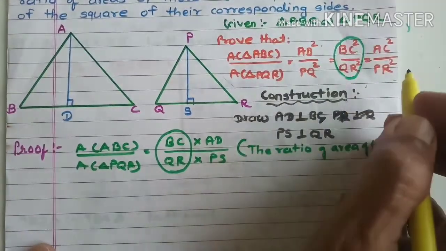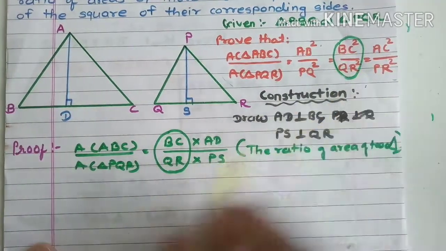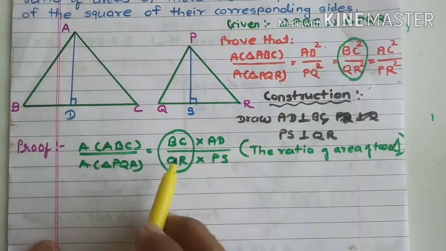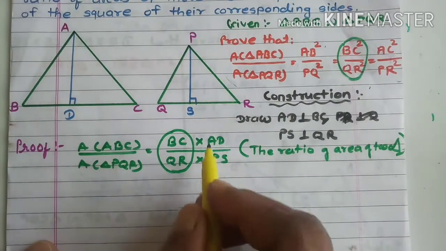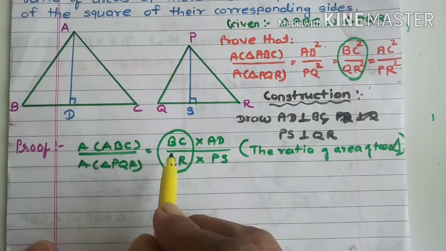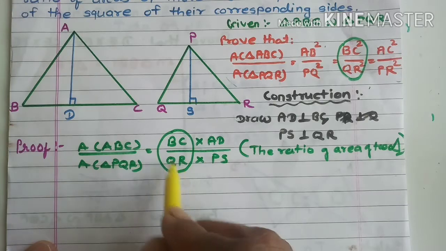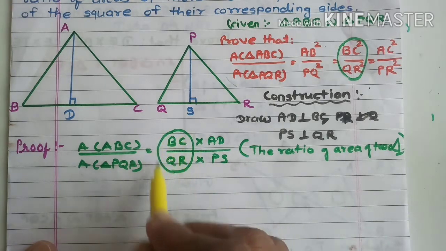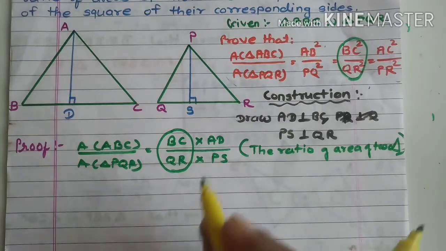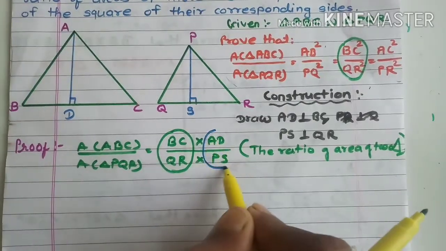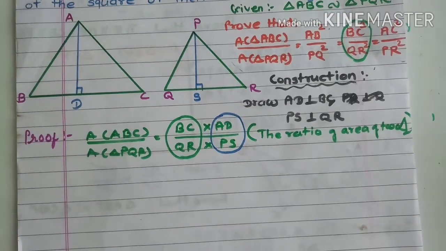Okay, so we want to prove BC square upon QR square, but instead of that we have BC upon QR only. So to make BC into BC square and QR into QR square, we need another BC and another QR. But right now what we have with us is AD upon PS.